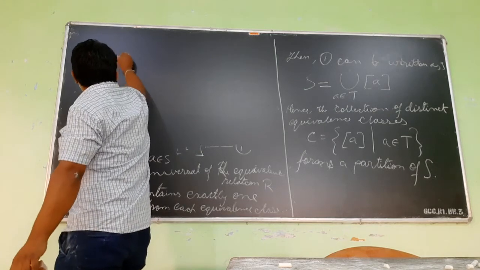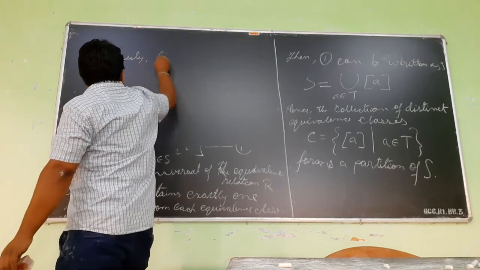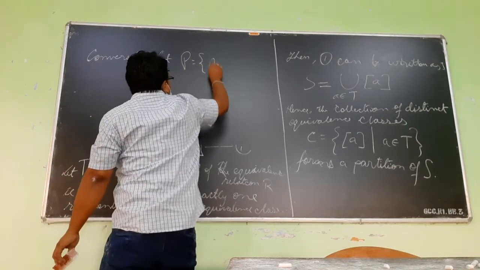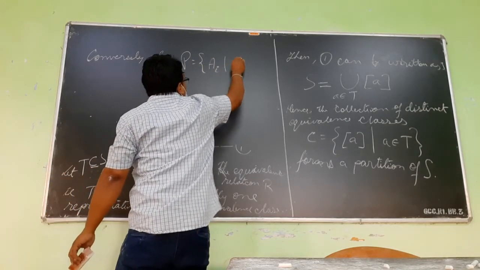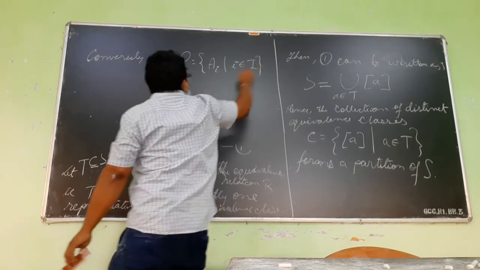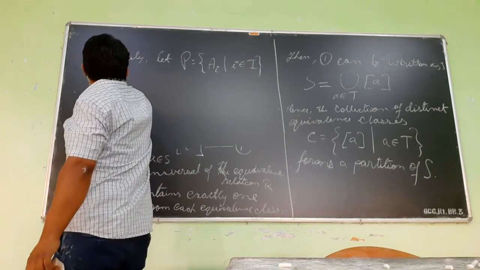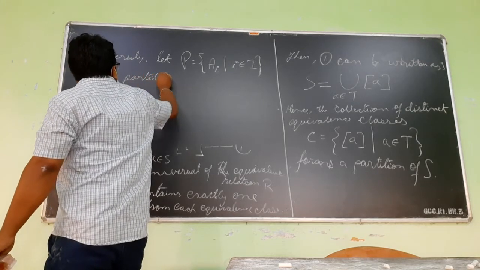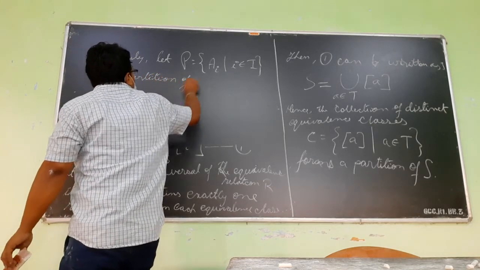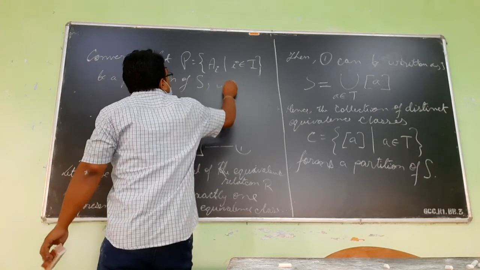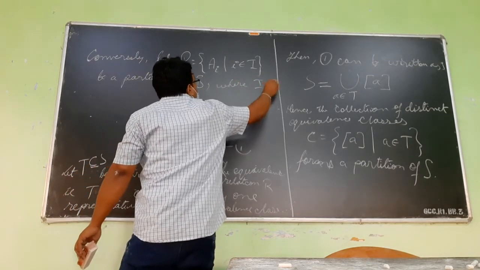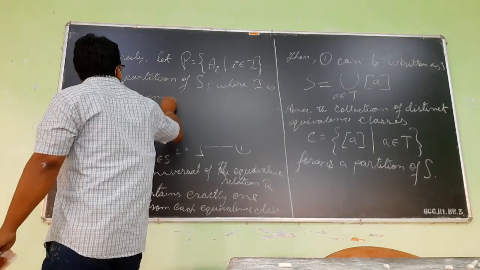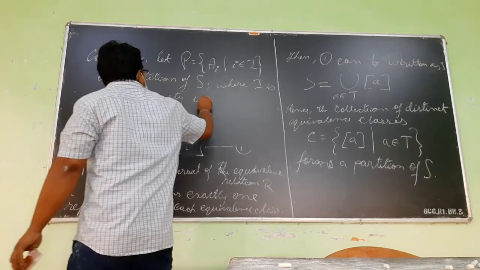Conversely, let P equal to the set of A_I such that I belongs to capital I. Let this be a partition of S, where this I is a non-empty index set.